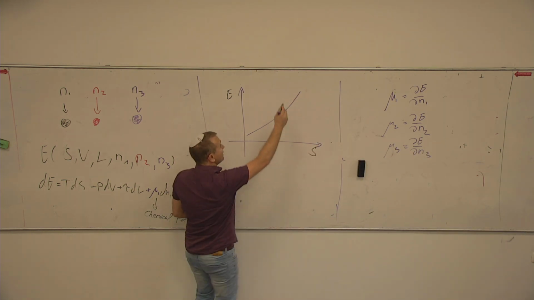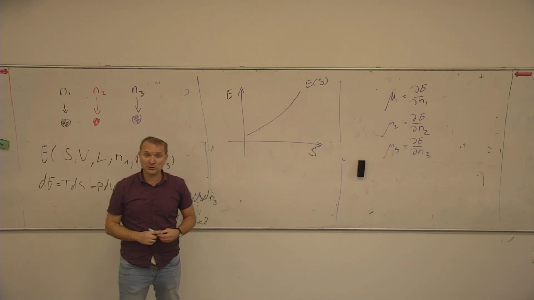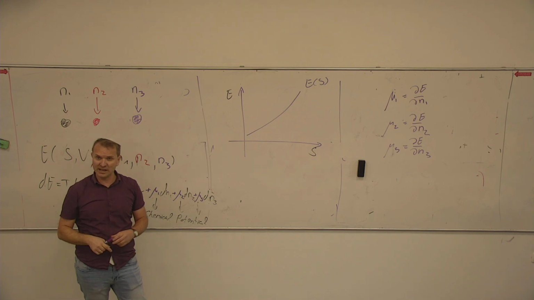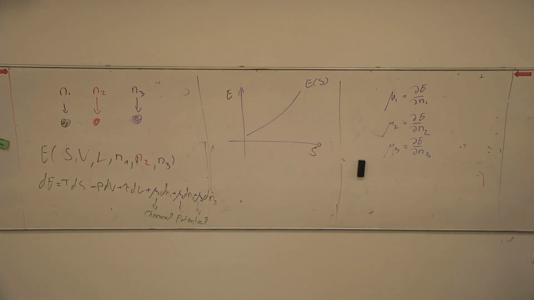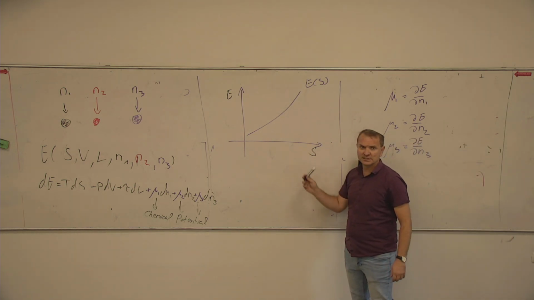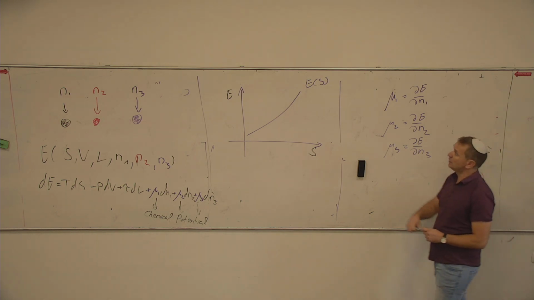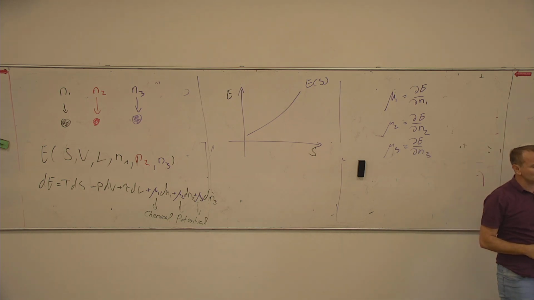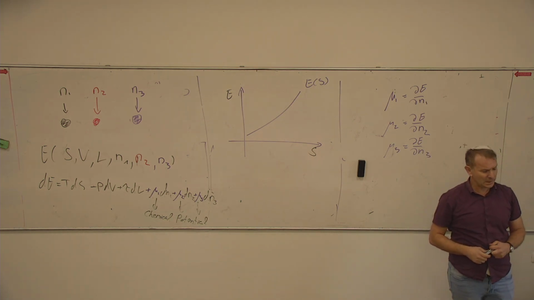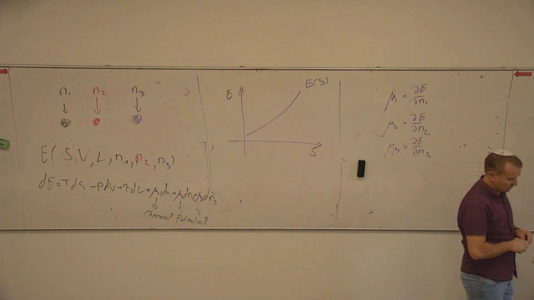And I know that E is a function of S. Now I want to perform some sort of a change of variables such that I will encapsulate the physics of the problem, but I will get rid of this variable S. I don't want it over there. I'm trying to make a change of variables such that I would obtain a function that is independent of S. So what will I do in order to get this function?